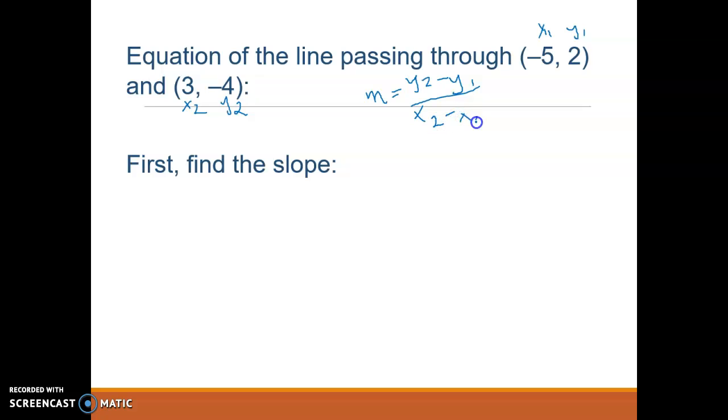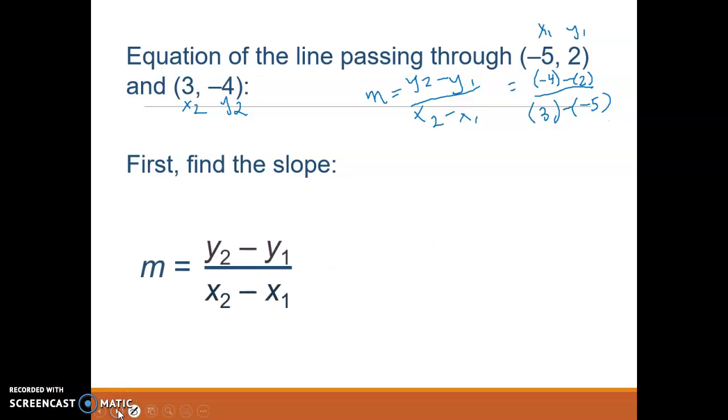When we sub in, make sure that you're subbing in with parentheses, again, to protect those negatives. So y2 is -4, and y1 is 2, so -4 minus 2 over x2, which is 3, minus x1, -5. So that's the information we're going to plug in, and then we are going to simplify.